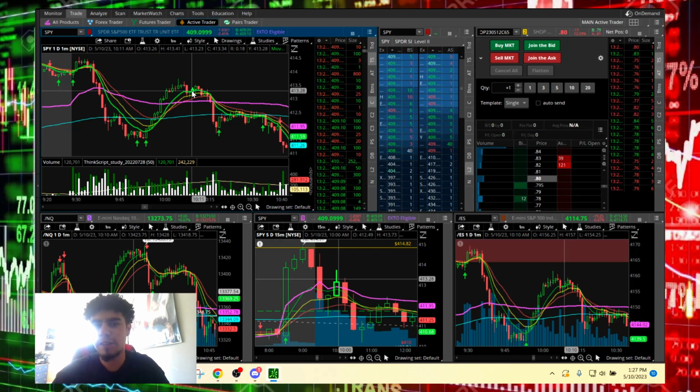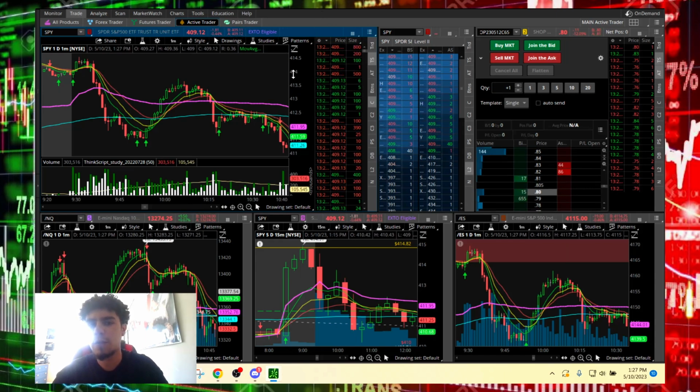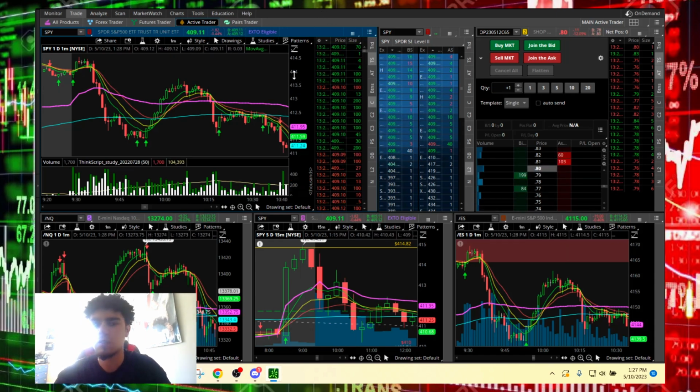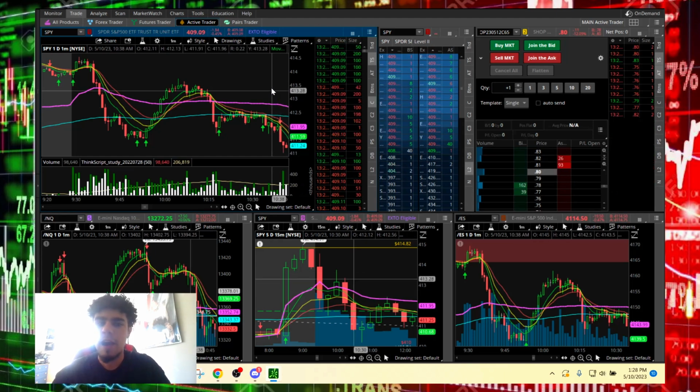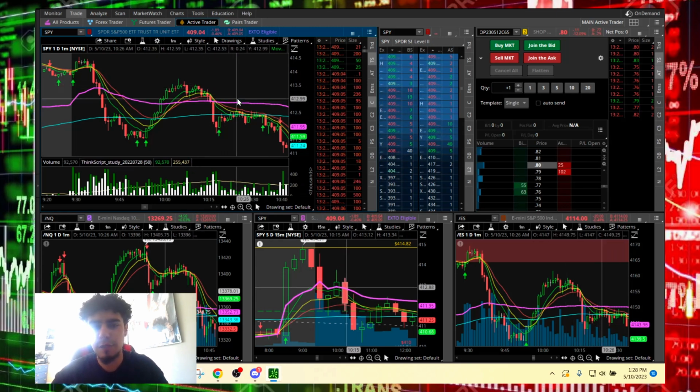A put is the right to sell a stock at this price. So if the stock is at a higher price, why would you agree to sell it at a lower price? So that's why these out of the money strikes on same day expirations are a lot riskier.